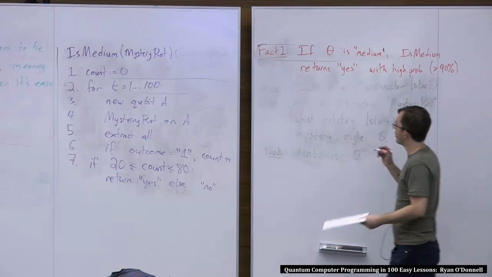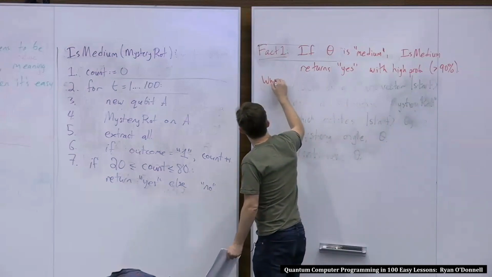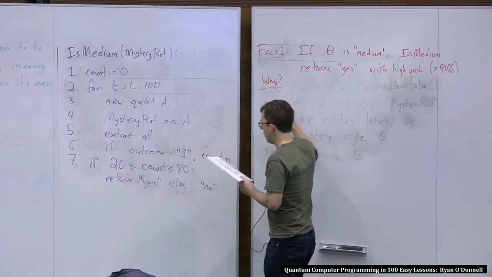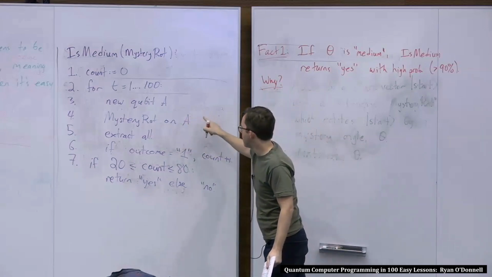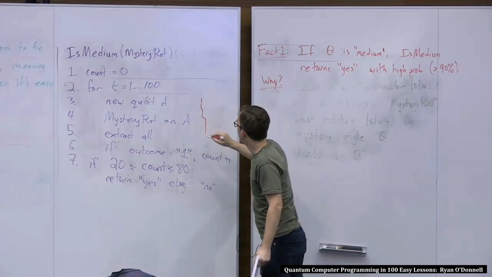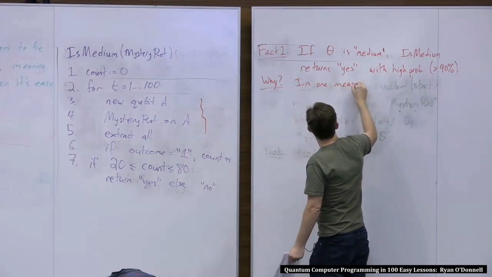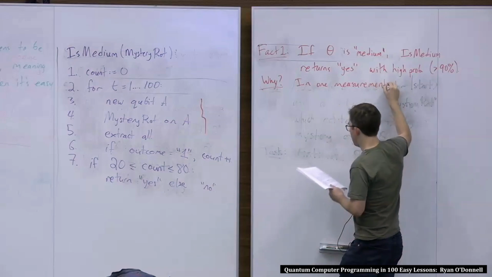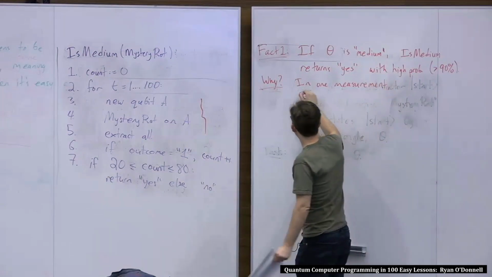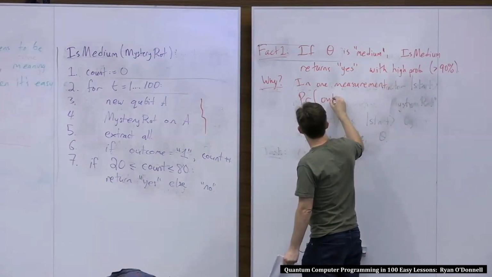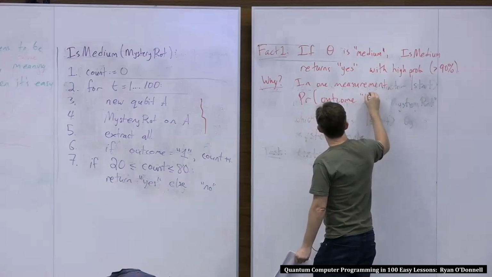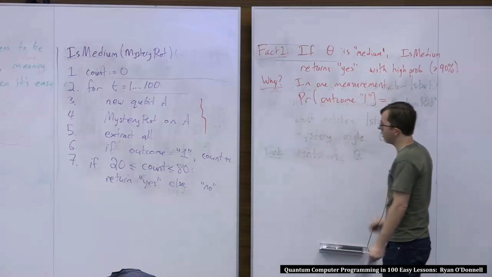So why is this true? Well, in one measurement, the probability of getting an outcome of 1 is something we already know.